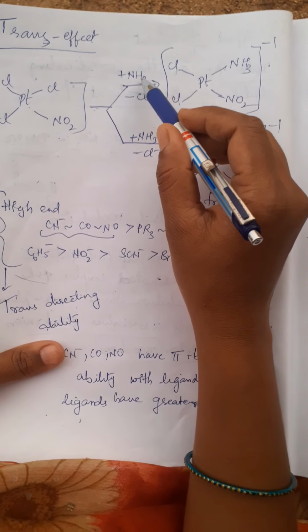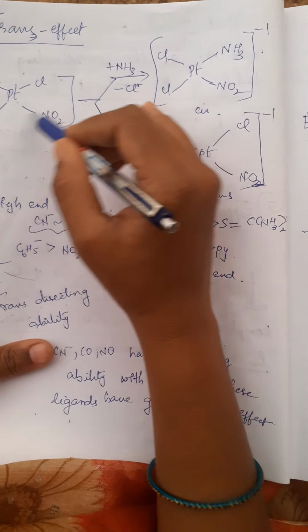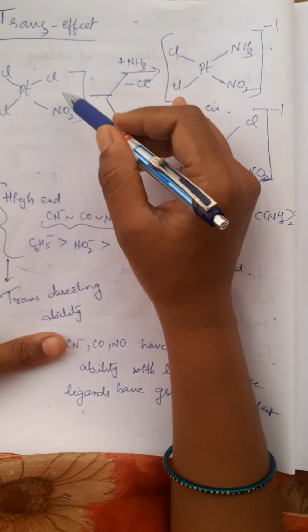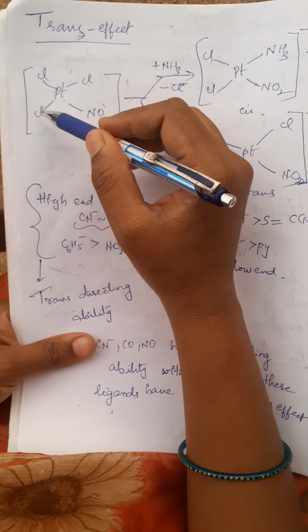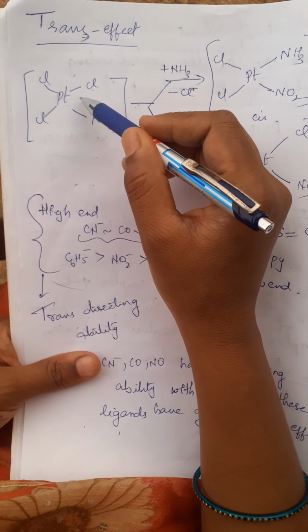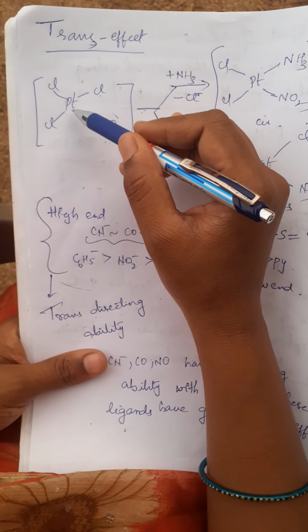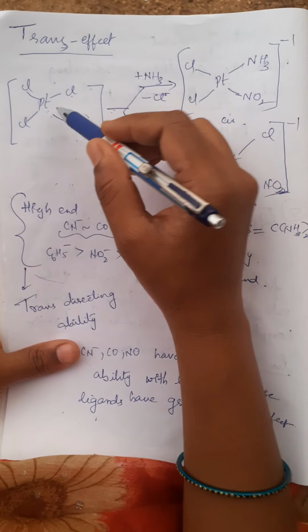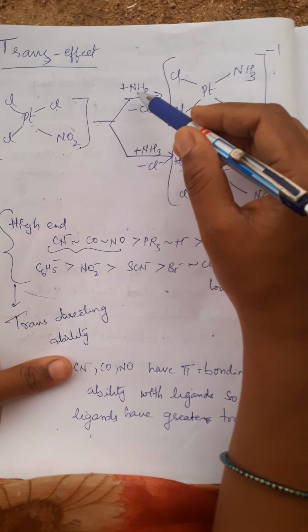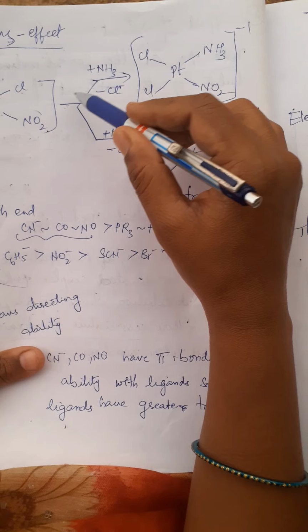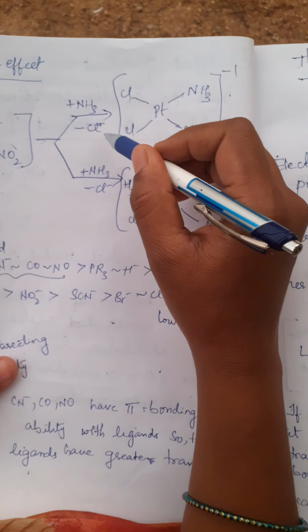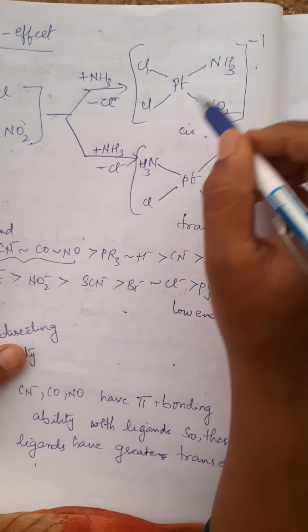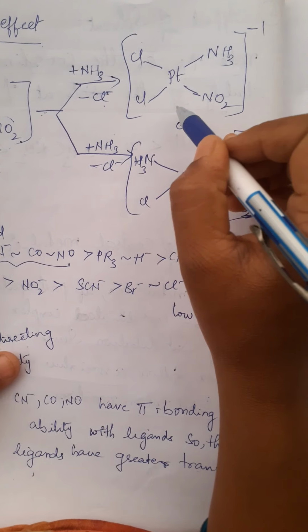Suppose you want to substitute a ligand. I told you that NO2 is a pi accepting ligand. Chlorides are generally negative ligands which do not form a pi bond with the platinum. When ammonia is substituting in this complex, chloride will be substituted.